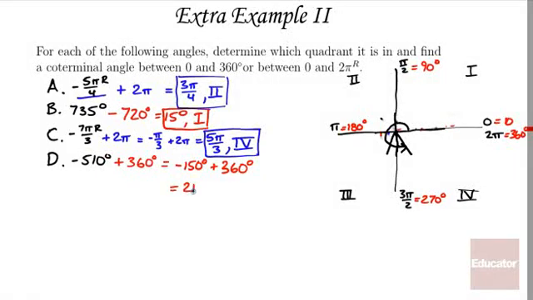And that gives us 210 degrees. And that's between 0 and 360 degrees, so we know we found our coterminal angle. 210 degrees is just past 180 degrees. In fact, it's 30 degrees past 180 degrees. So it's right there. So that's in the third quadrant.